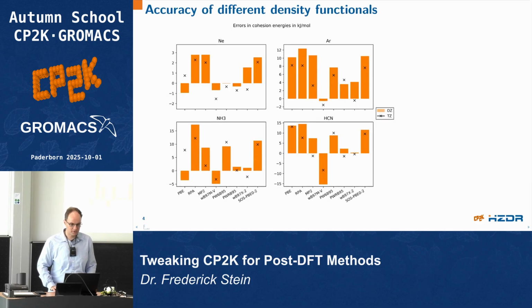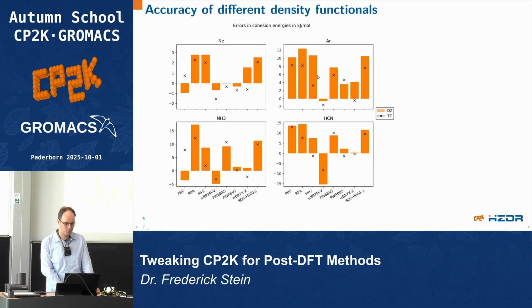Okay, finally, a few words on the accuracy of double hybrid functionals in condensed matter, not only molecules. I have here the errors of the cohesive energies of some molecular crystals, so neon, argon, ammonia, and hydrogen cyanide. And as you can see, the PBE has a somewhat decent accuracy for all of these systems.